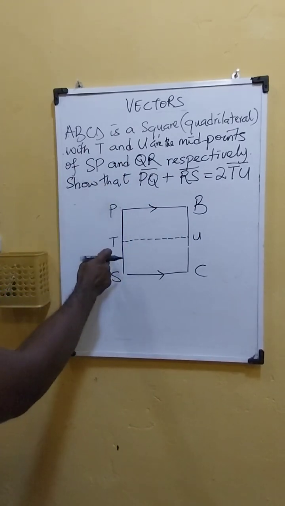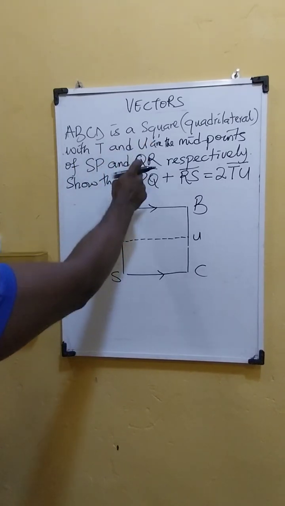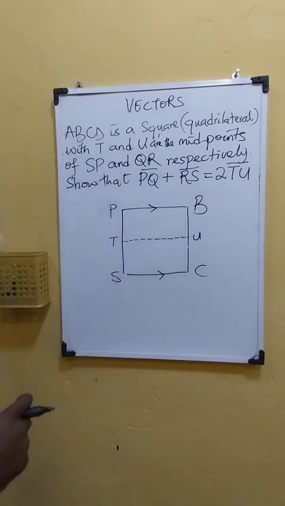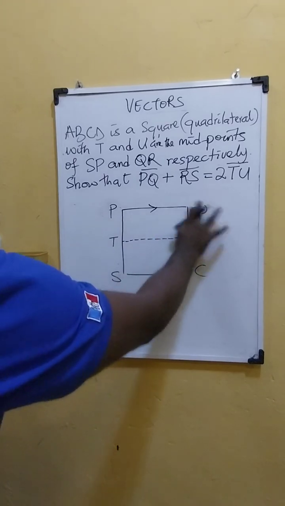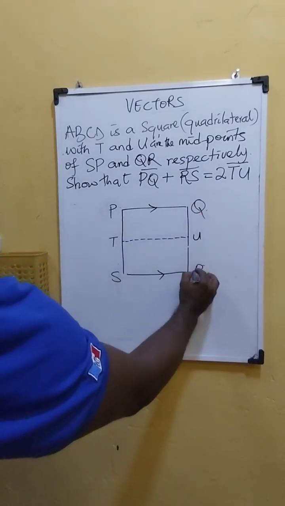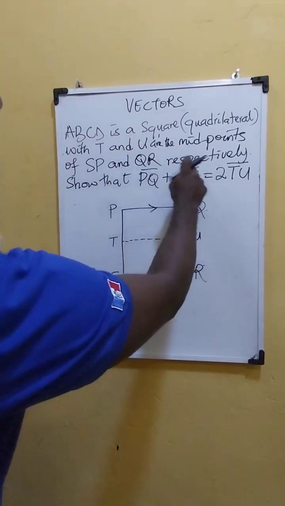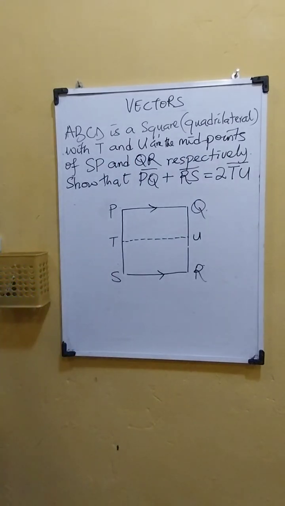That's the first midpoint, T, SP. And U is Q arrow. So you have Q arrow. The midpoint U is the midpoint of Q arrow. That is why they say respectively.